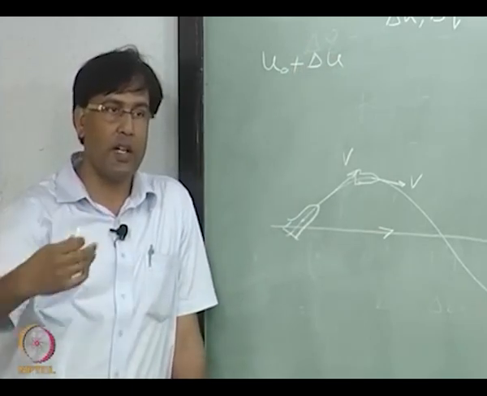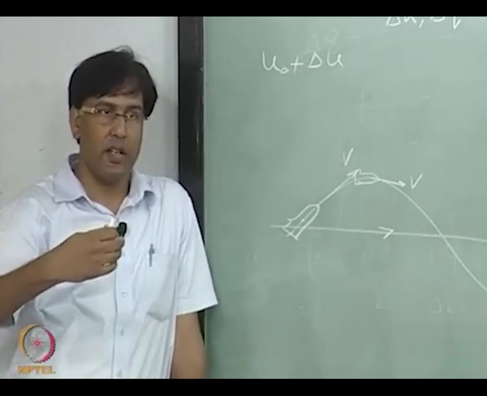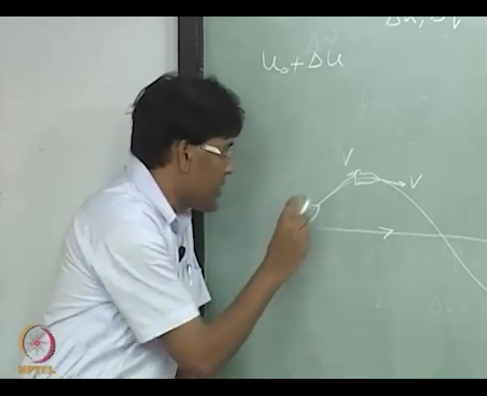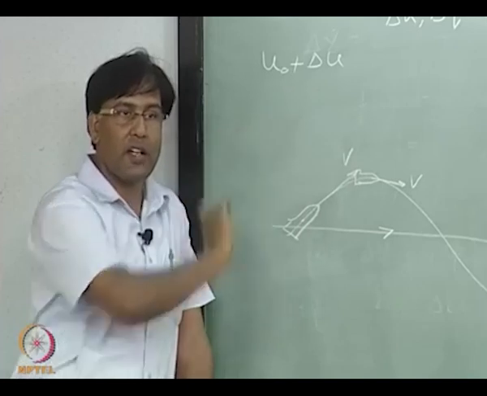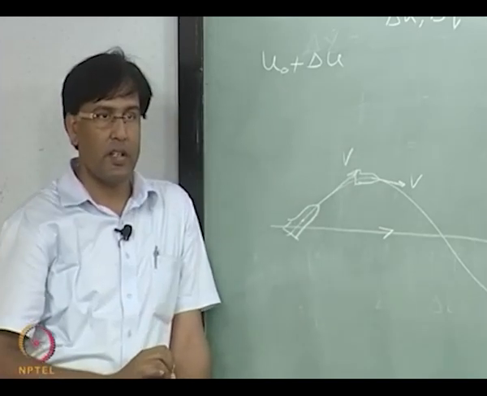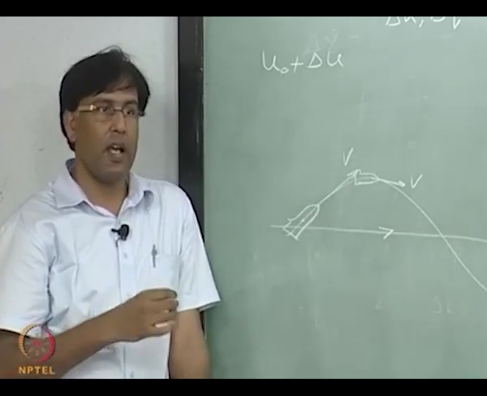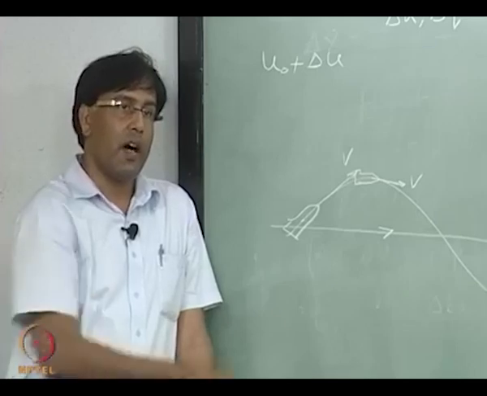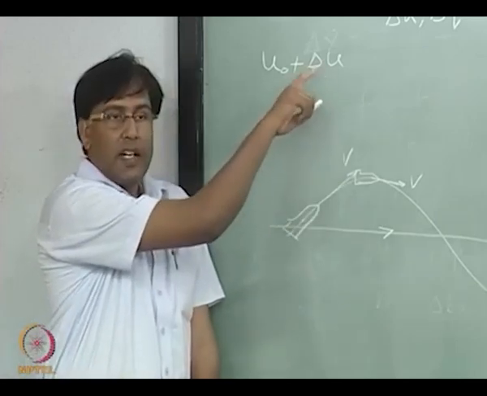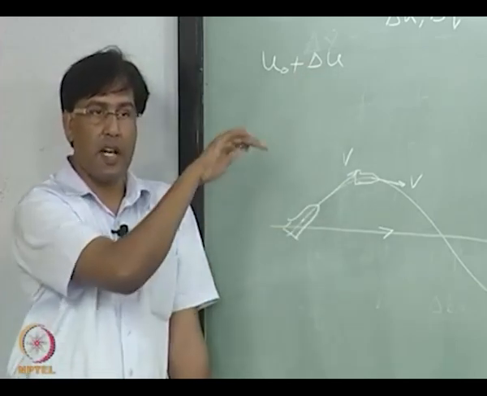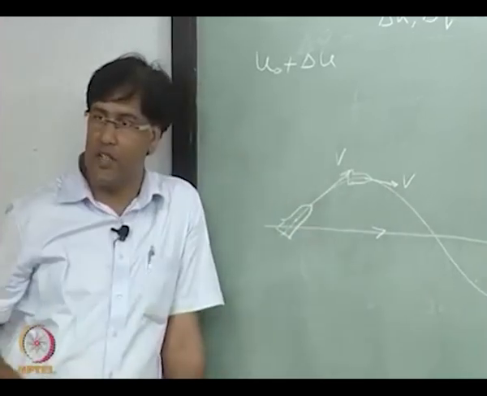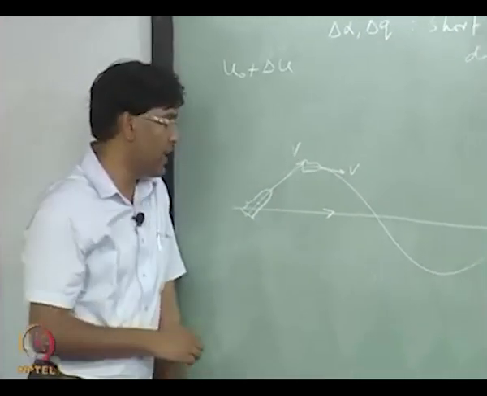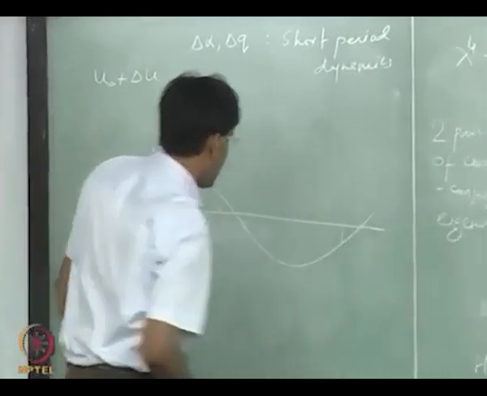So you have more kinetic energy. The aircraft starts moving up, and attains a height corresponding to that extra energy. Once it has exhausted that extra energy because of this delta U, it starts going down. That is how it follows this sinusoidal path in phugoid.